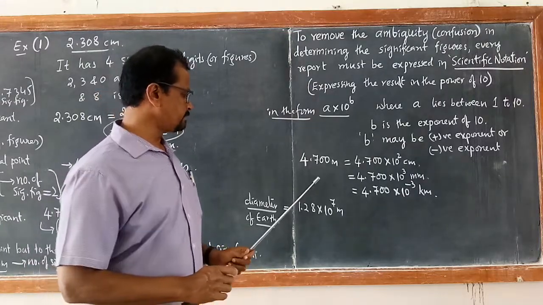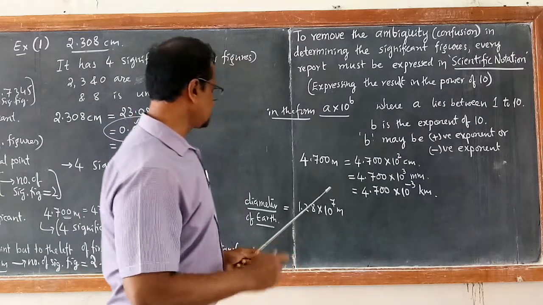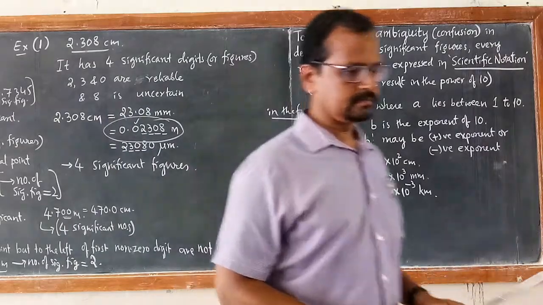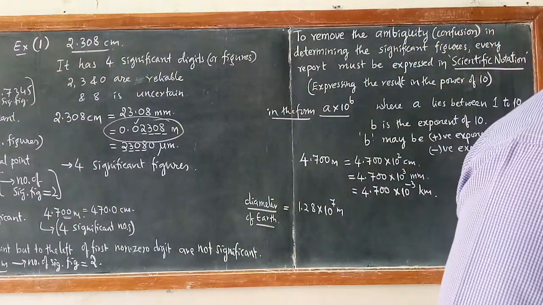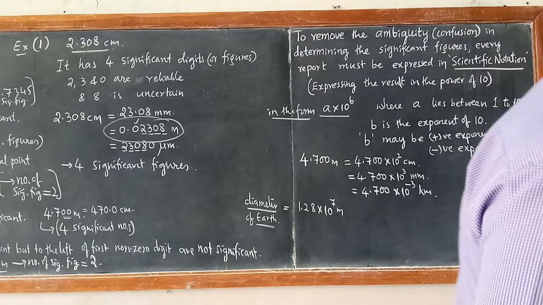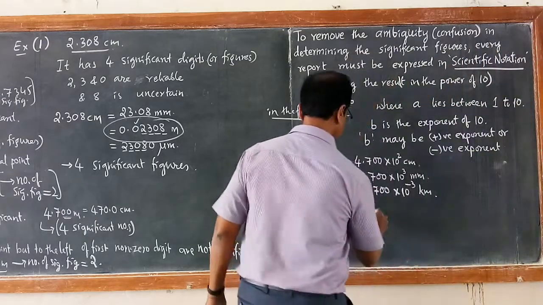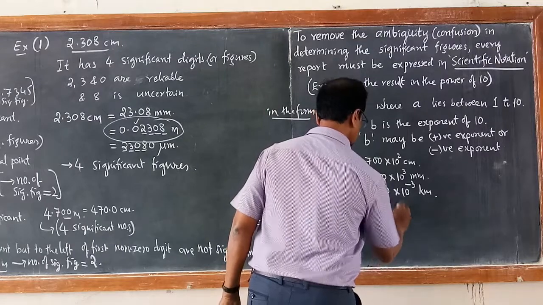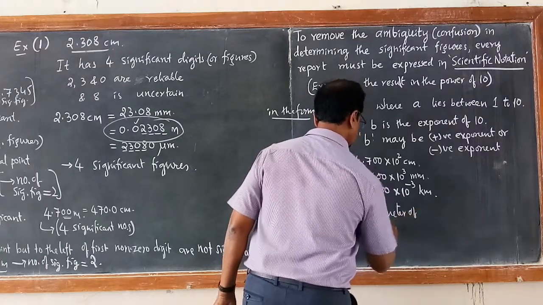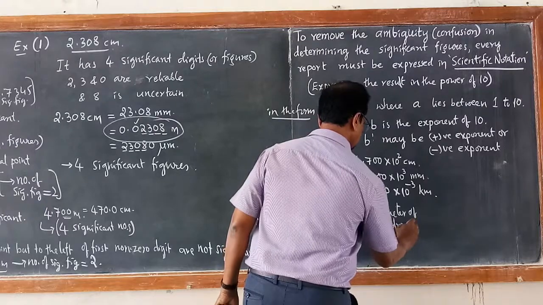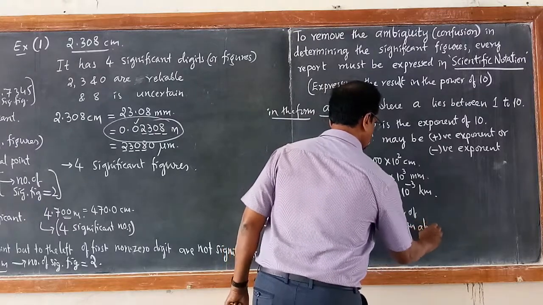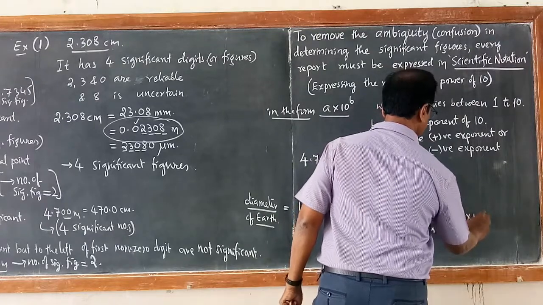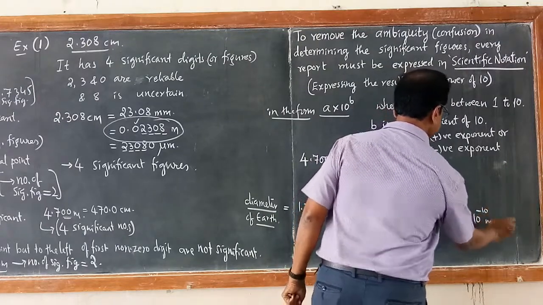Let us take another example, the diameter of the hydrogen atom, which is 1.06 into 10 to the power of minus 10 meter.